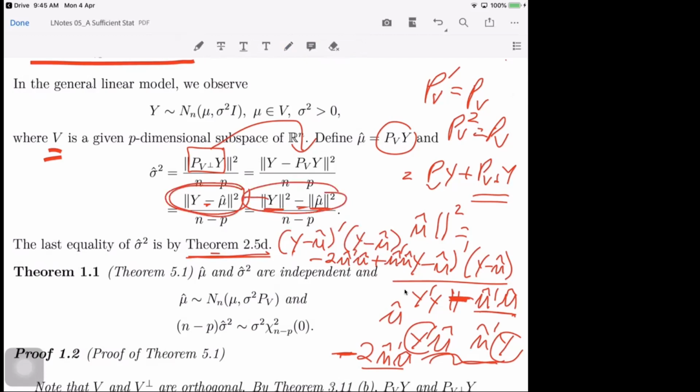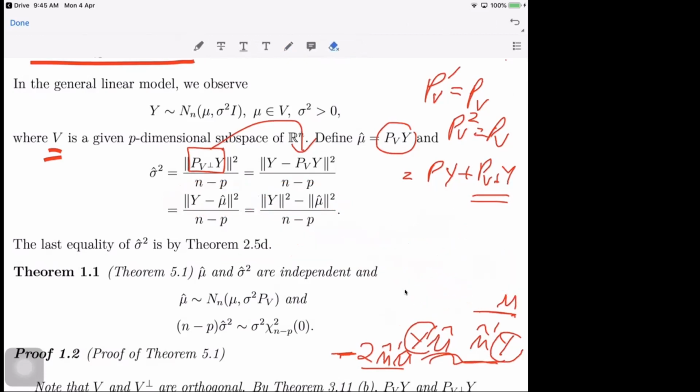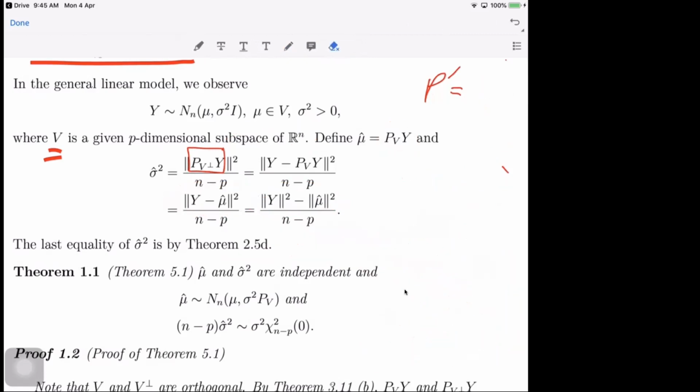The first theorem in chapter 5 says the projection of y onto V, or mu hat, and sigma hat square are independent, and the distribution of mu hat and n minus p sigma hat square is central chi-square distributed.